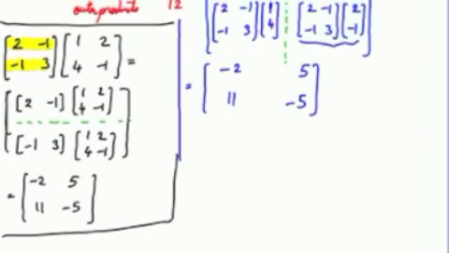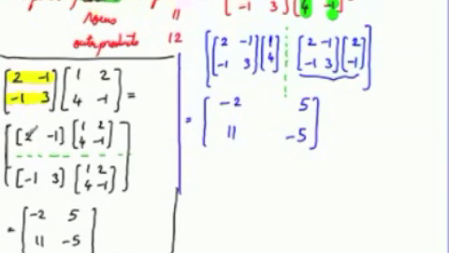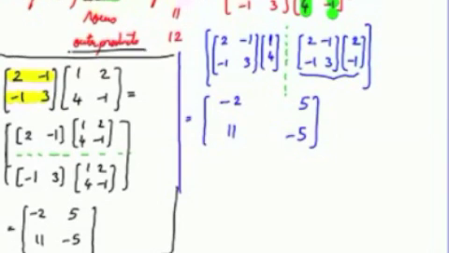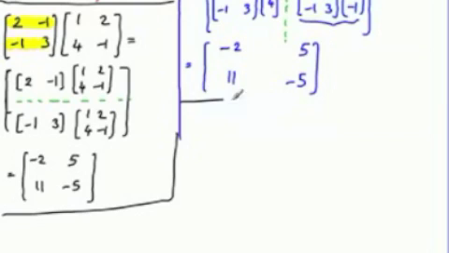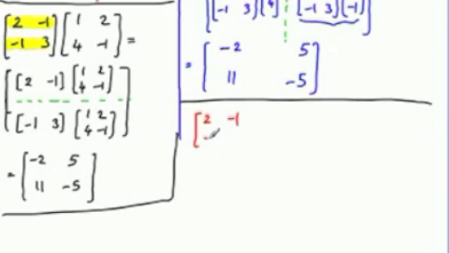And the third style, which is outer products, is kind of more interesting. So I have now 2 minus 1, minus 1, 3 times 1, 2, 4, minus 1. I want to write these things with outer product style.